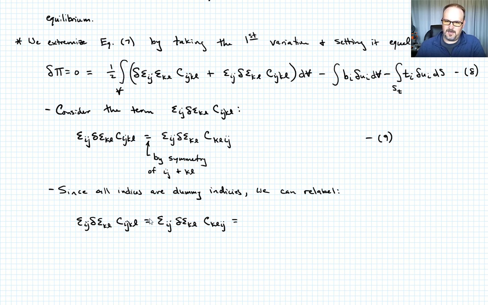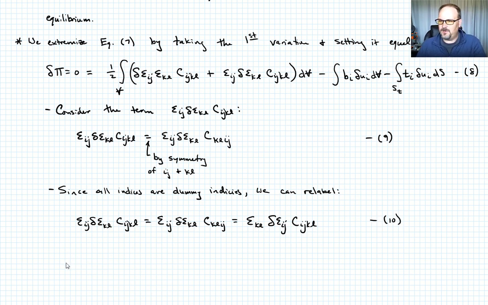This equal sign was due to the symmetry of that stiffness tensor. Now I'm going to relabel. This is simple because they're all dummy indices, so I can call k now i, i now k, l now j, and j now l. I'm left with epsilon_kl delta epsilon_ij C_ijkl. Call that equation 10.